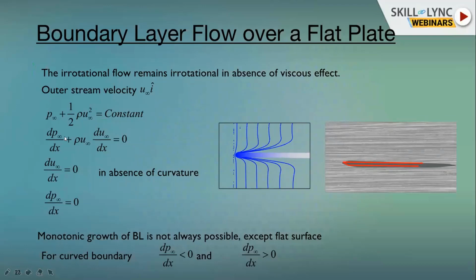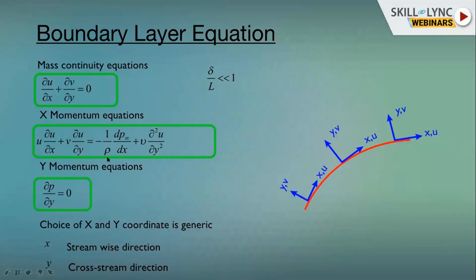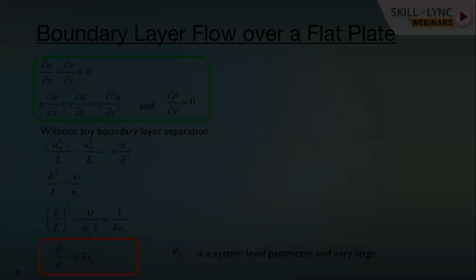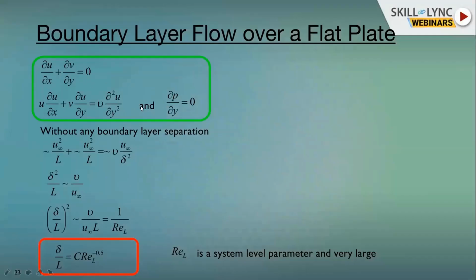So this term is equal to 0, so del P infinity by del x is also 0. So the pressure gradient term in the x momentum equation is essentially 0. Pressure is also not varying in the x direction inside the boundary layer, right? So we have finally got the governing equation for the boundary layer, when there is no pressure gradient term in the x direction.